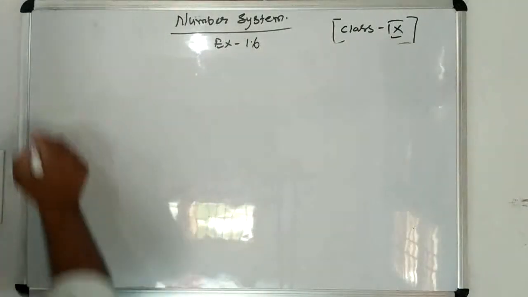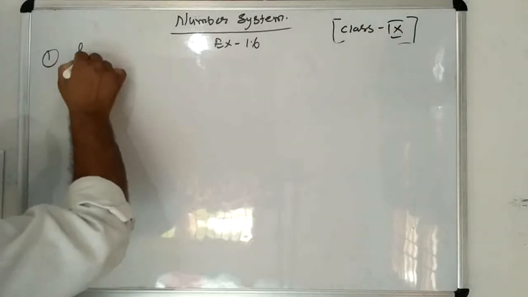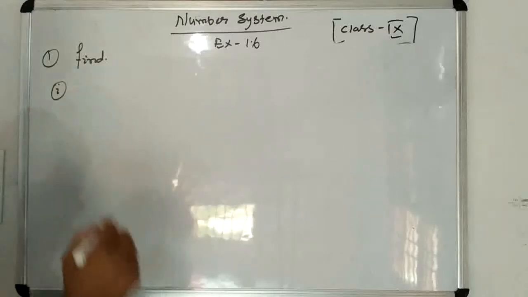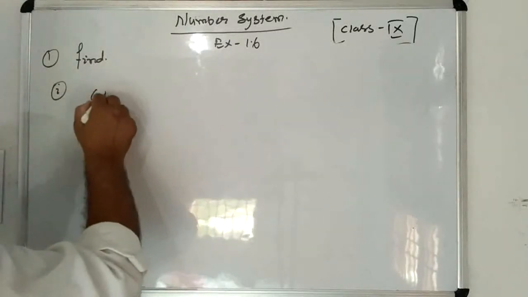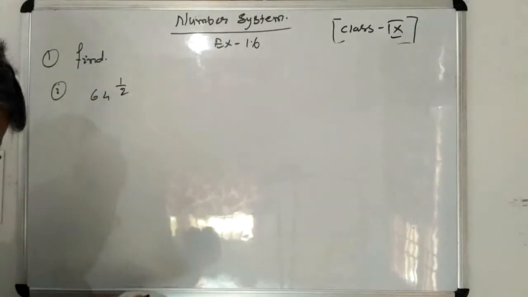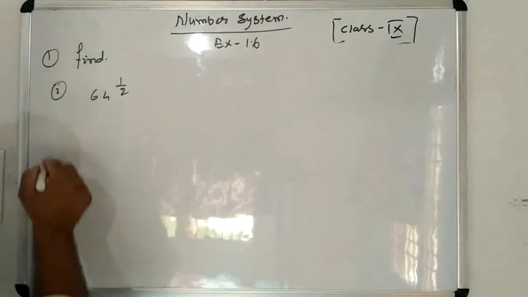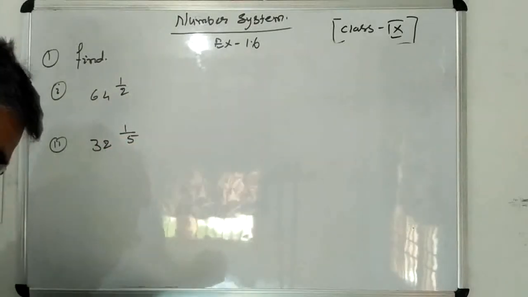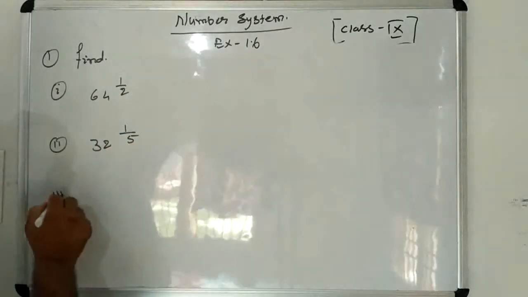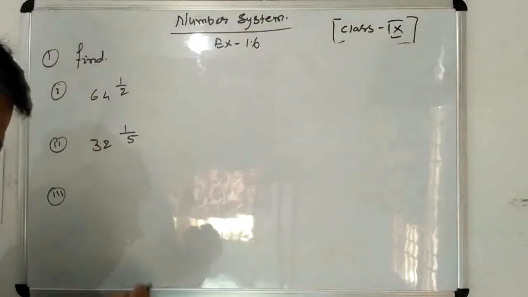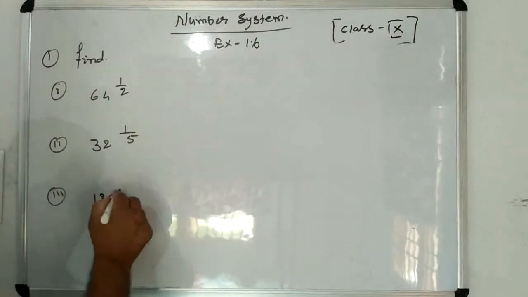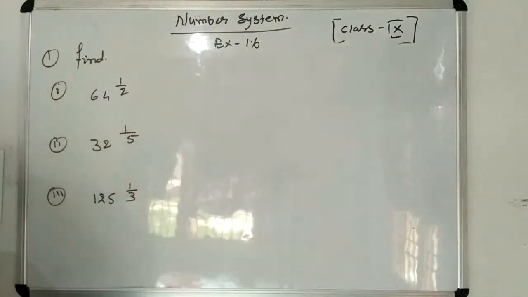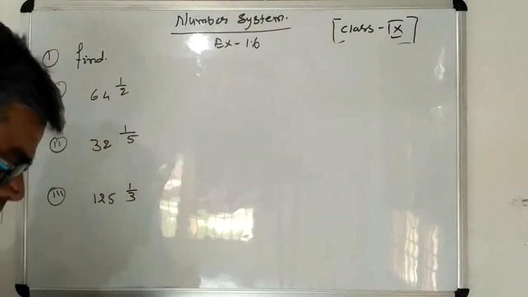Our first question is to find: number 1 is 64 to the power 1 by 2, number 2 is 32 to the power 1 by 5, and number 3 is 125 to the power 1 by 3. This is the question. We have to simplify.